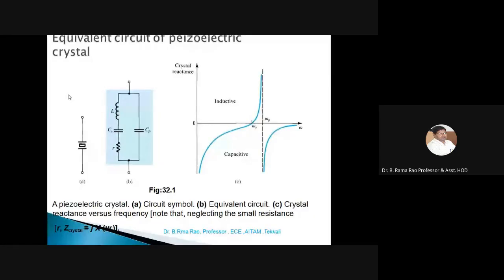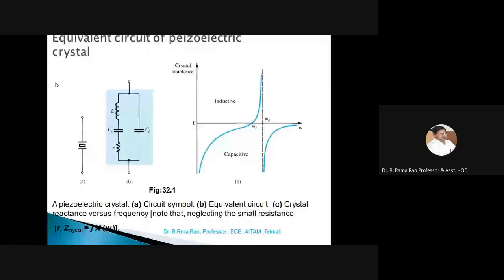We have to maintain the ratio of Cp to Cs at several hundreds or more, so that the series resonant frequency is very close to the parallel resonant frequency.